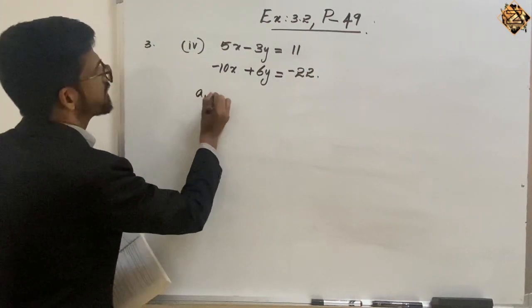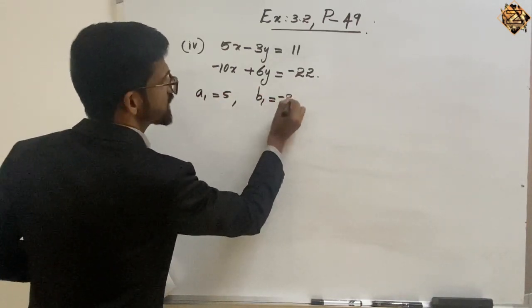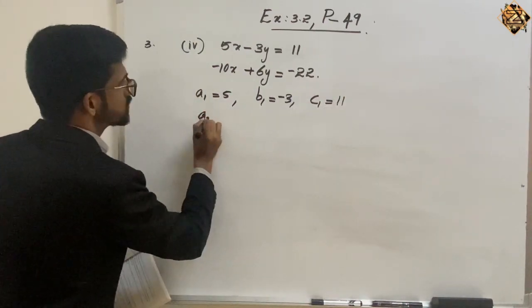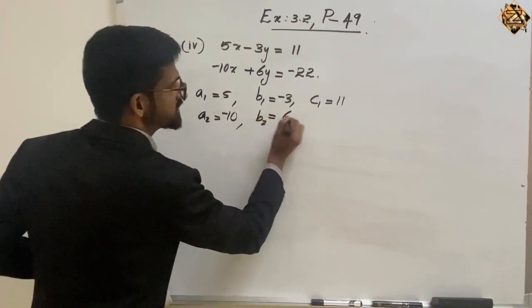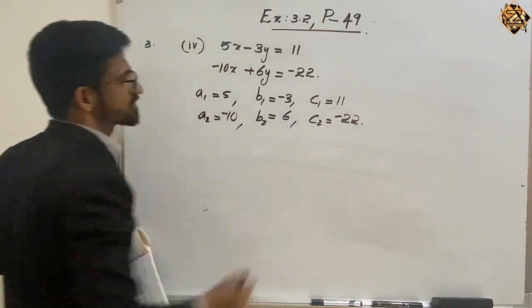Taking the coefficients, a1 equals 5, b1 is minus 3 and c1 is 11, a2 is minus 10, b2 is positive 6 and c2 is minus 22.